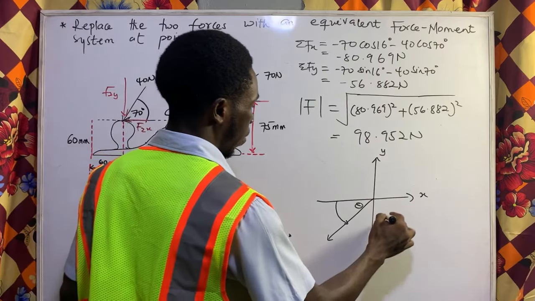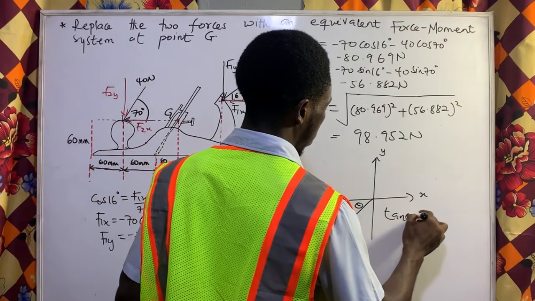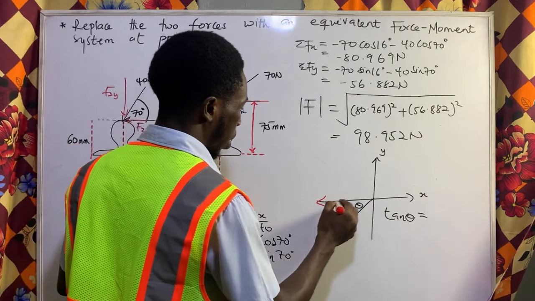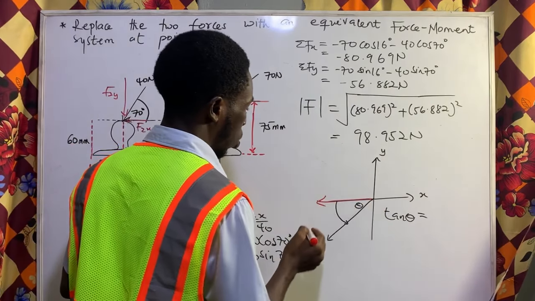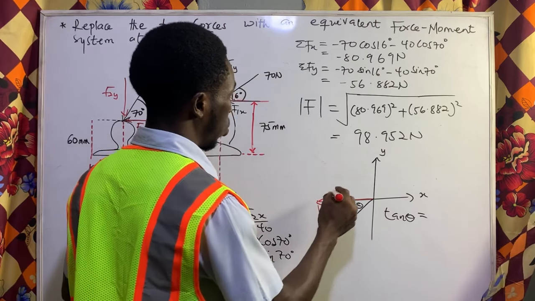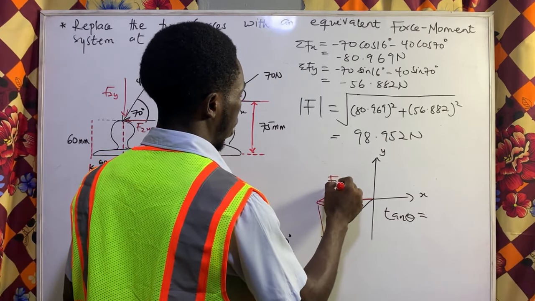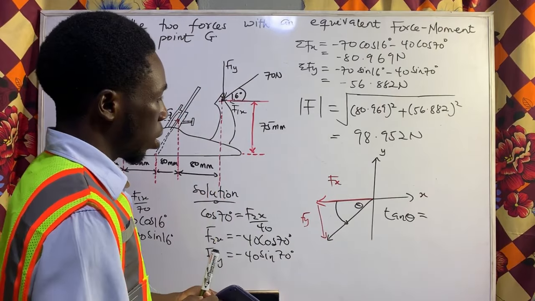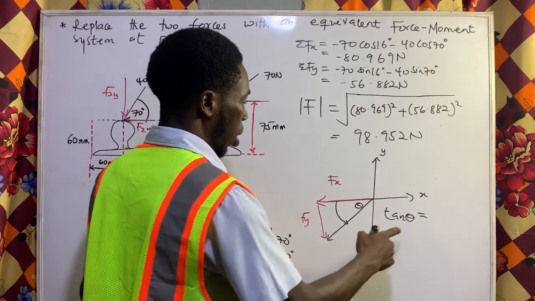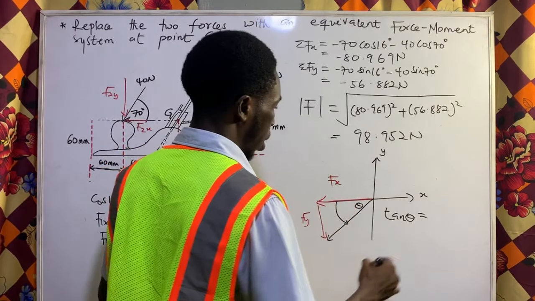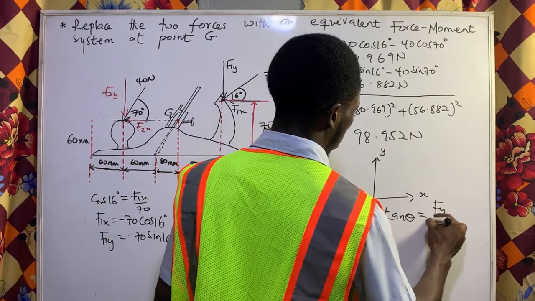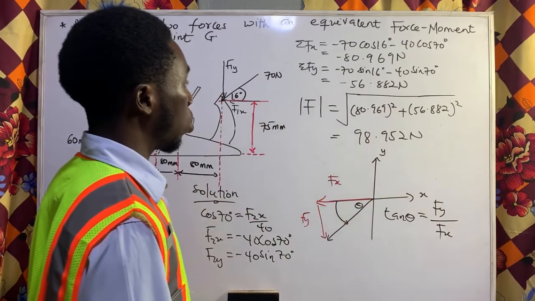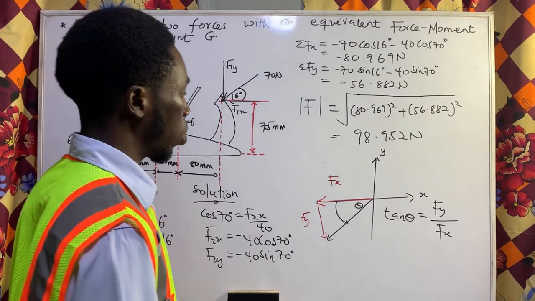So tan of theta equals, this should be the x component, Fx, and this should be the y component, Fy. Now tan of theta equals the opposite side, Fy, over the adjacent, Fx. They are both negative, so the negative signs cancel out.